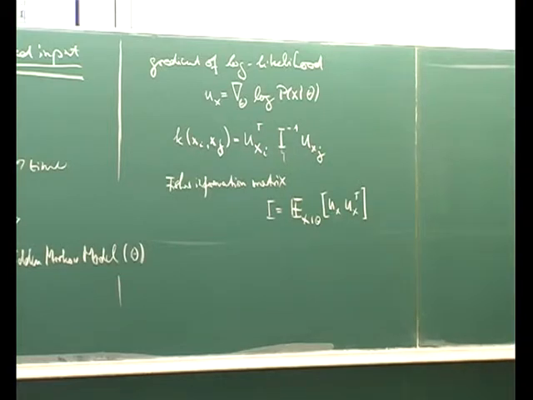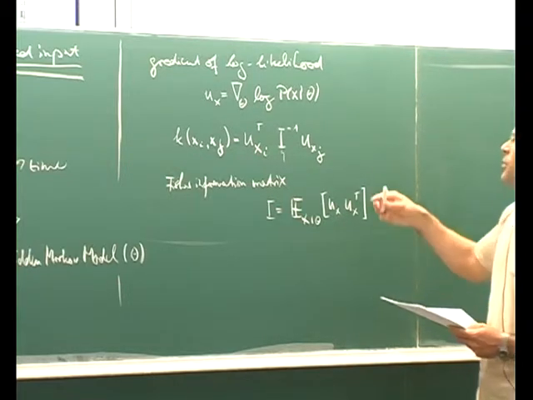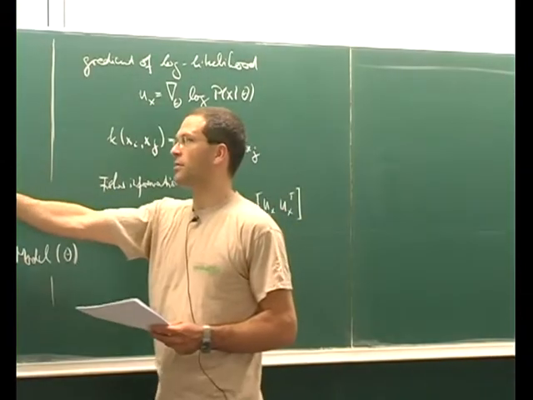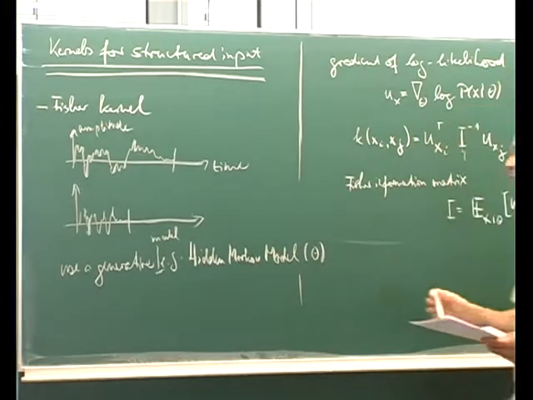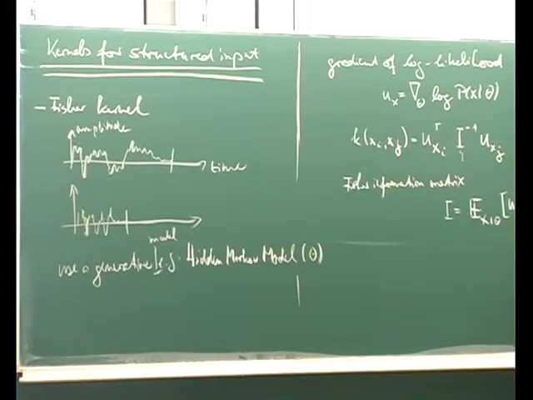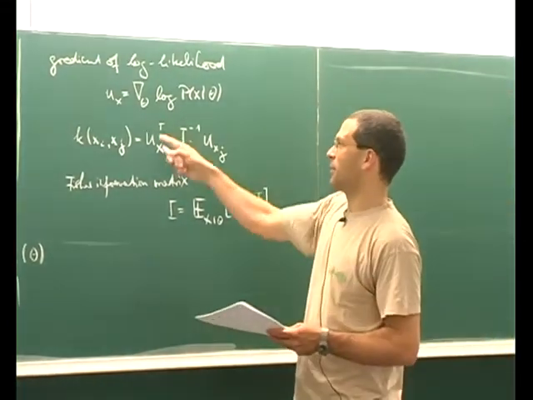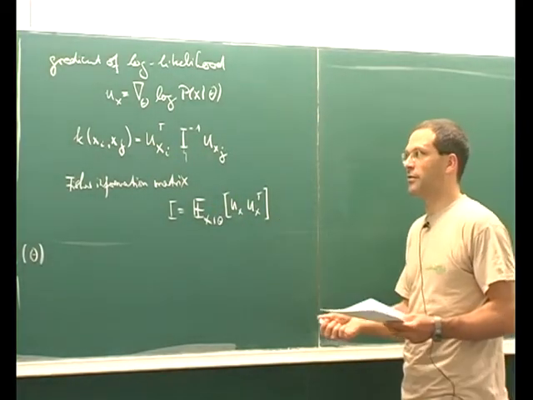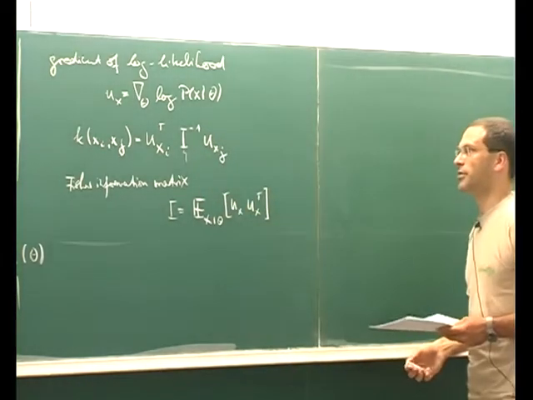So in essence, what you do is you ask in which way would the parameters theta have to change to explain this time series better, or how would the parameters need to change to explain that time series better. And if these two different time series pull the parameters in the same direction, then you obtain a large similarity, a large value for your kernel. And if they pull in orthogonal directions, then you would say these are very different, and you would get 0 kernel here.